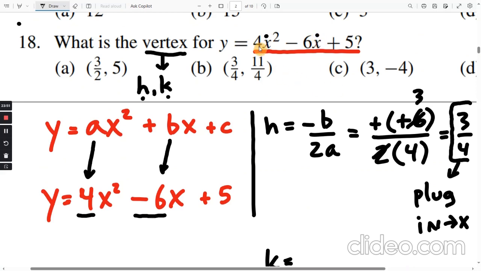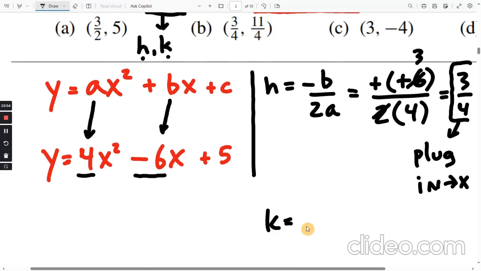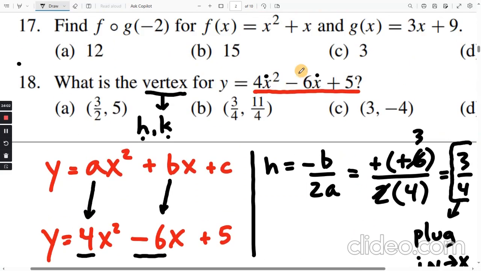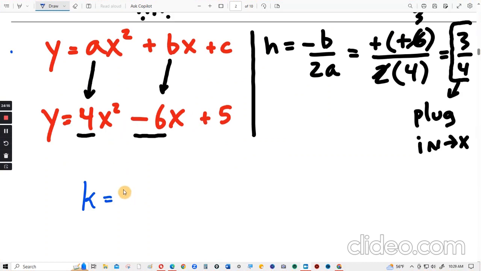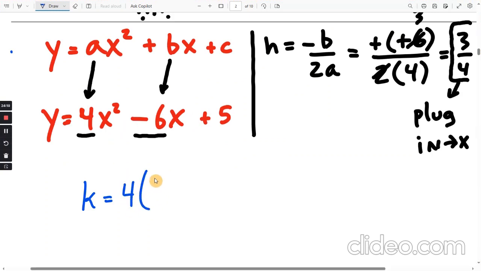Same equation is written right here. So that's going to be 4 times 3/4 squared, minus 6 times 3/4, plus 5.